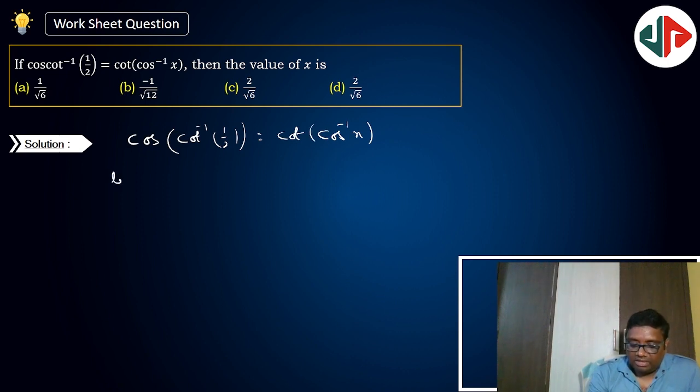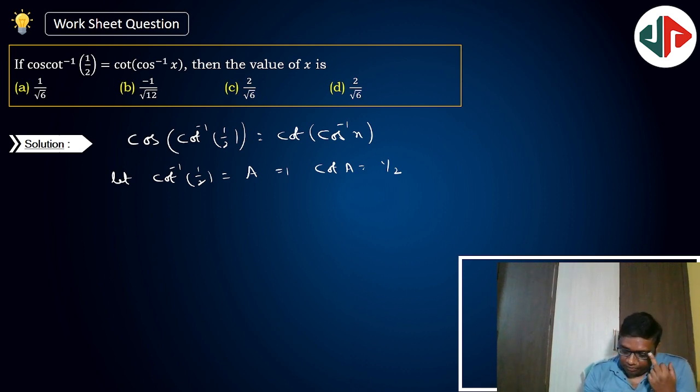So let us imagine cot inverse of 1 by 2 is equal to capital A. So from this, cot A is equal to 1 by 2. Now cot A is equal to 1 by 2 means 1, 2, and this is root 5.